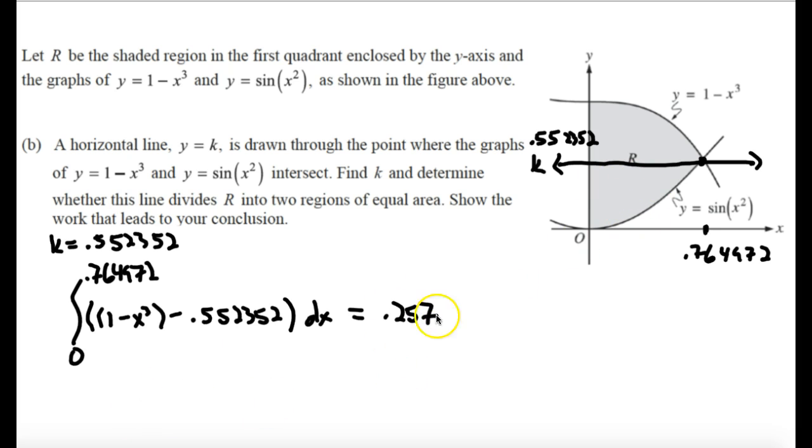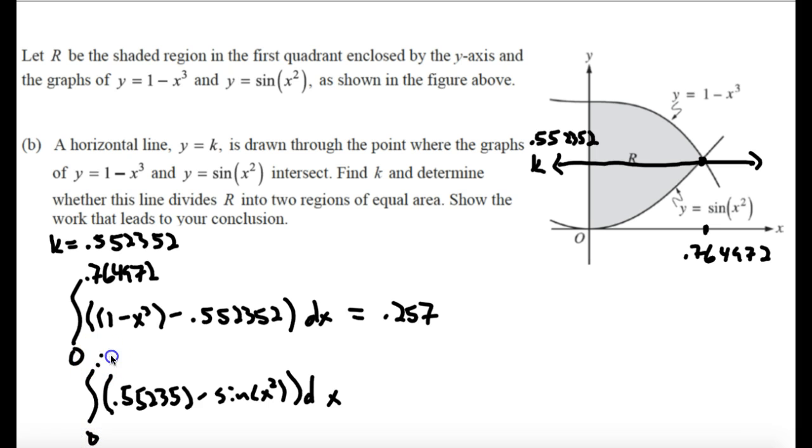Then we want to find the area of this region. Well, this again will be top curve minus bottom curve. So in this case, it'll be 0.552352 minus sine of x squared dx, and again, limits of integration will still be the same.